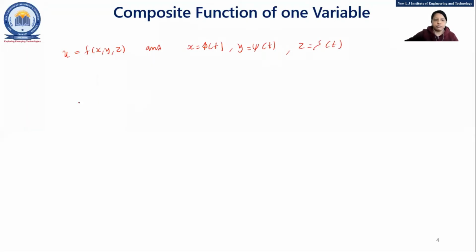So I'll draw the diagram. U will depend upon three variables, that is x, y, and z, and all depend upon one variable, that is t.